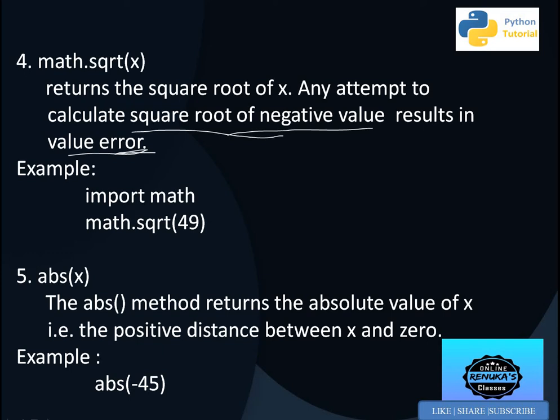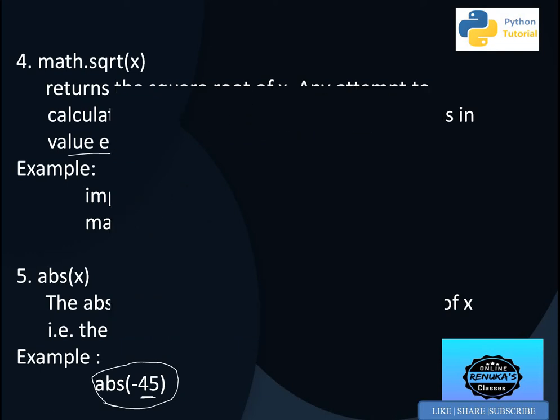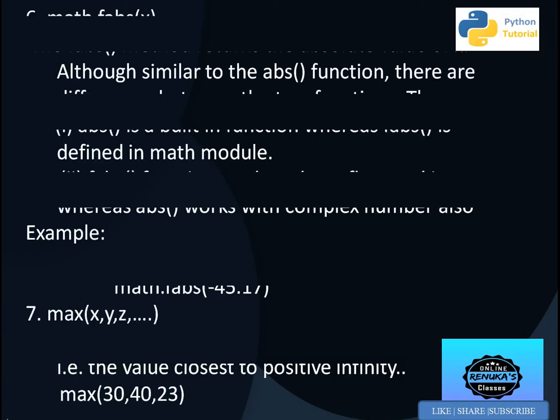Then abs, this helps you to find the positive value of the given number. Here you can see that abs we are not using with the math module, because abs is an inbuilt function of Python, not a part of the math module. So next is fabs.